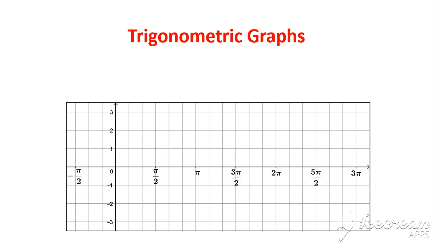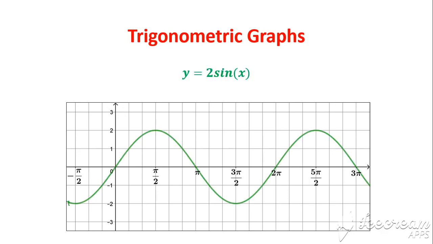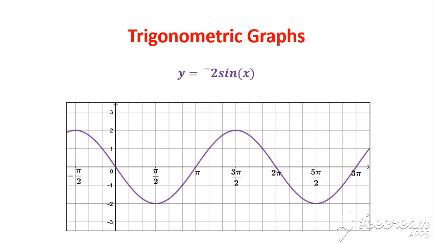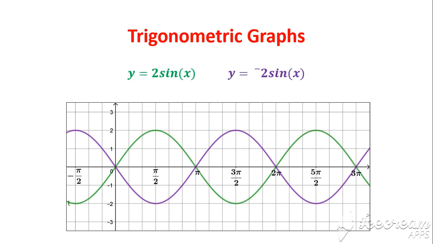Right, something else to note, if I was to draw y equal to 2 sine x, this is the graph here, it's got an amplitude of 2, and I was also going to draw the graph of y equal to -2 sine x. Well, notice when I draw them side by side, they have the same amplitude, same height. So what has the negative done? It's not changed the amplitude because the amplitude's still 2.